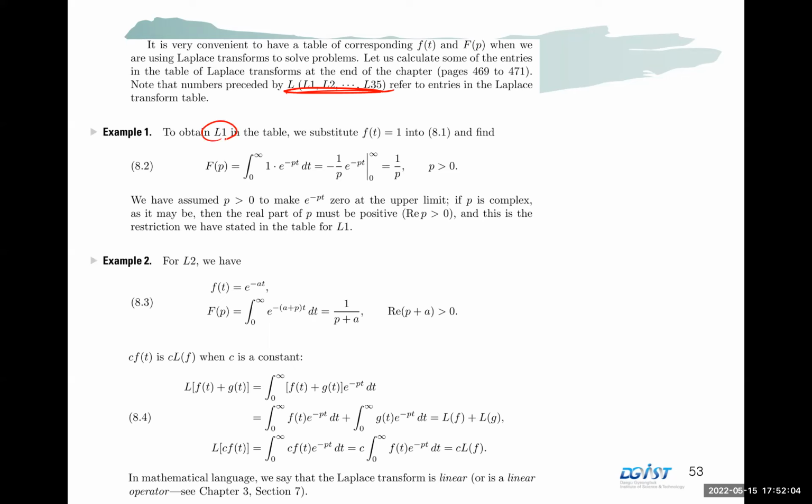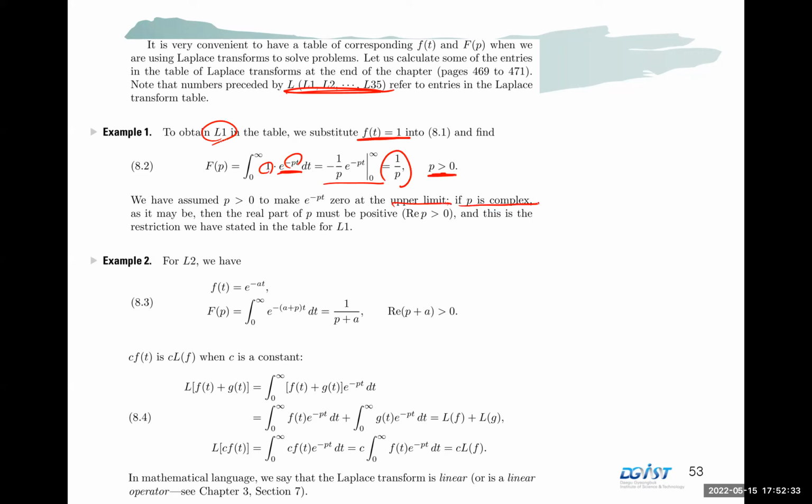So L1. L1 corresponds to f(t) just 1, the constant case. So we have f(t) here and exponential minus pt. For this exponential integral, we have 1 over p. But here we assume p is positive because this will disappear at infinity.